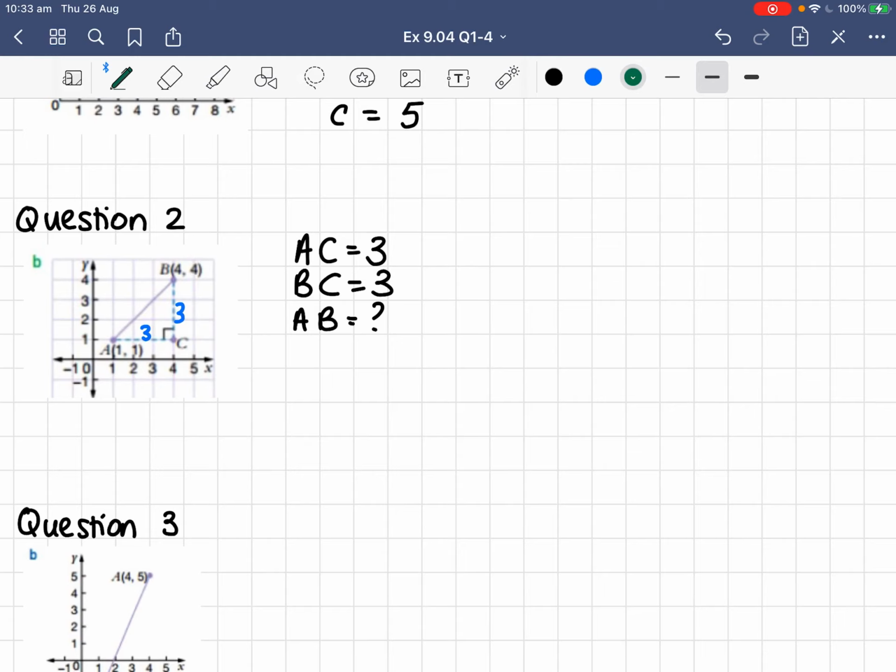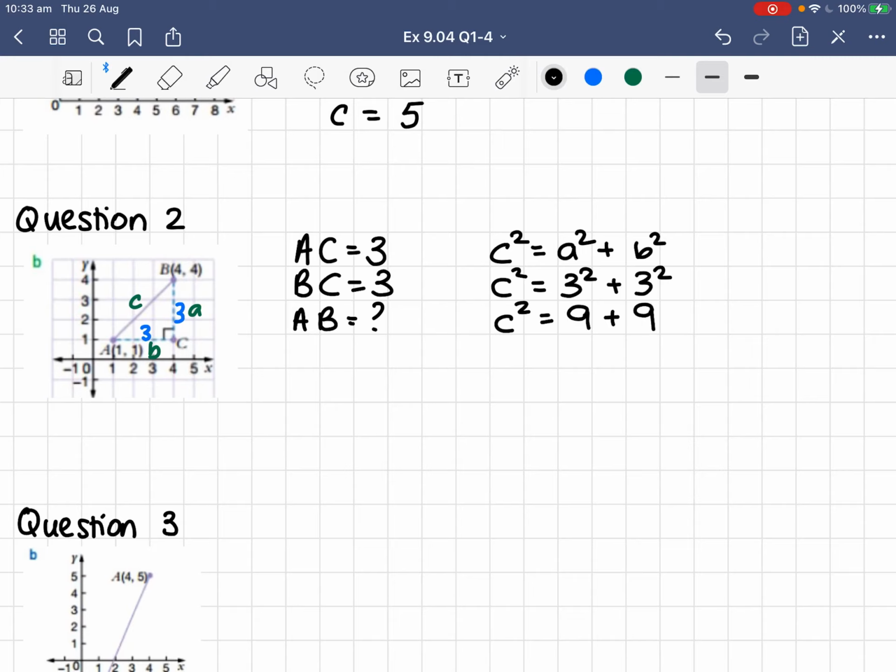That is what we're going to find, and we're going to use Pythagoras' theorem again, where the side opposite our right angle is our c, and our other two sides are a and b. Pythagoras' theorem is c squared equals a squared plus b squared, and I'm going to substitute in my a and my b value. So we have c squared equals 3 squared plus 3 squared.